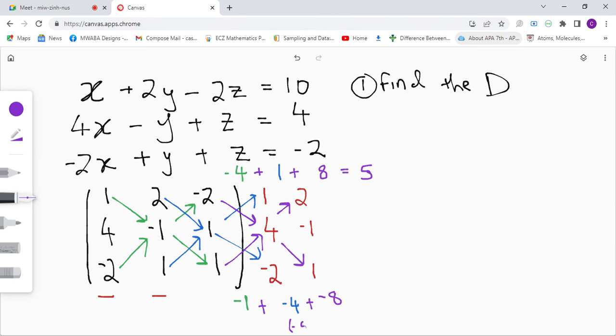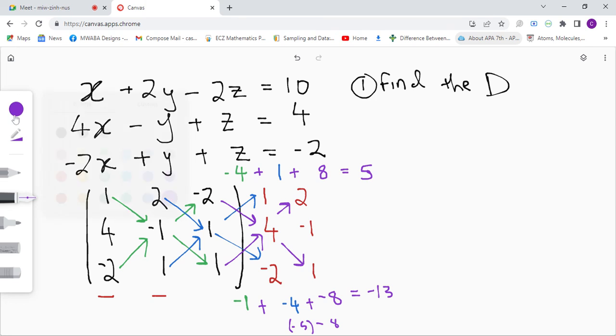Negative 5 minus 8 gives us negative 13.